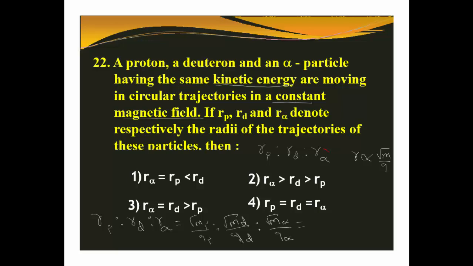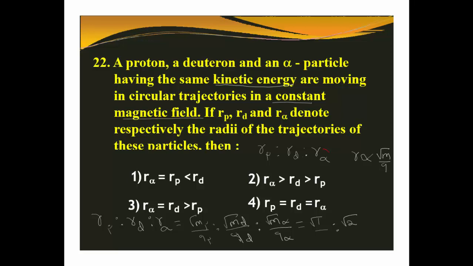If you take the relations here, the masses of proton and alpha particle are nearly the same, the ratio is root 1 divided by the charge of proton. I will first write the masses.